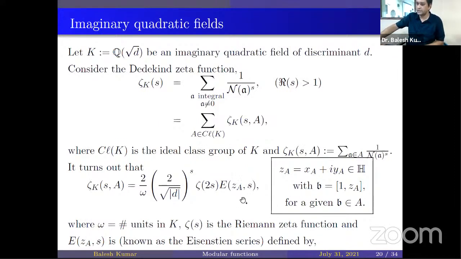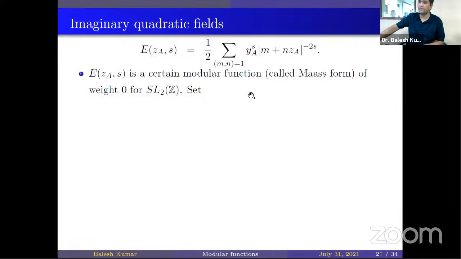And E(z_A, s) is the Eisenstein series, defined where the summation runs over coprime integers, y_A is the imaginary part of z_A to the power s, times the absolute value of m plus n z_A to the power minus 2s. This E(z, s) is known as a Maass form of weight 0 for SL2(Z). That Maass form definition we have seen, I think, in the morning lectures.